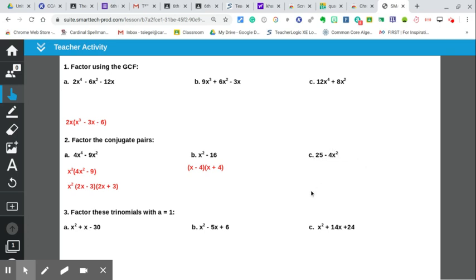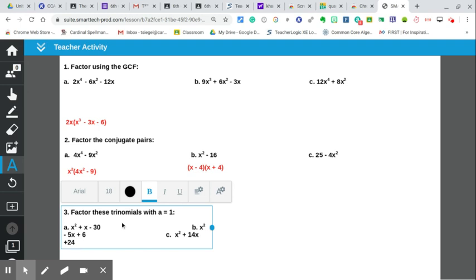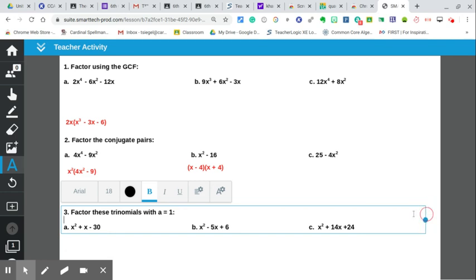Then we come down to trinomials, right? The trinomials, we want to find two numbers that multiply to be negative 30. I put an A and an M over them, right? Add up to be 1.